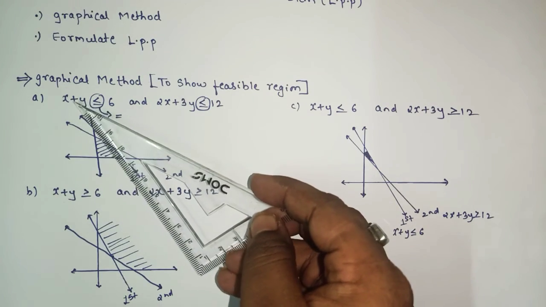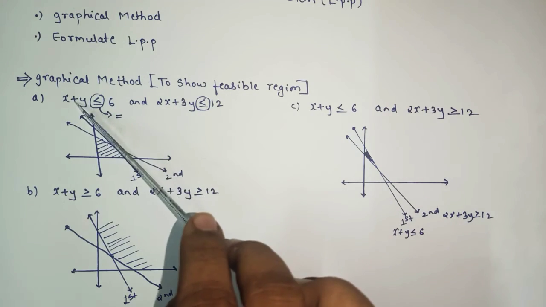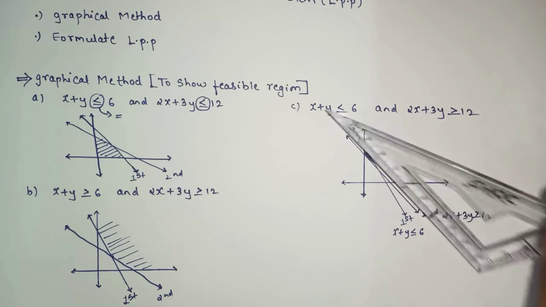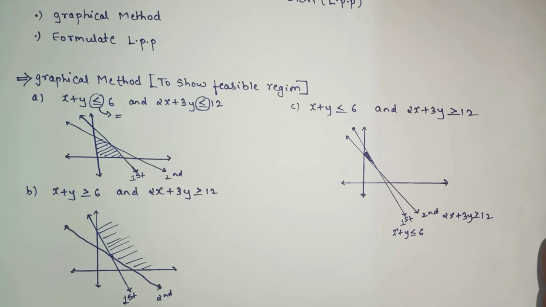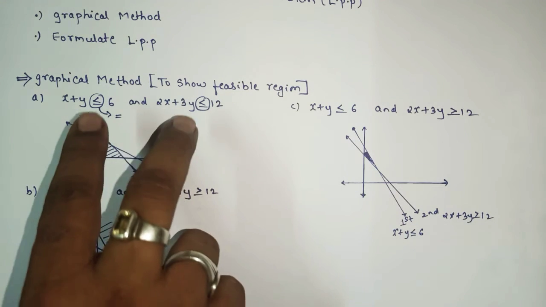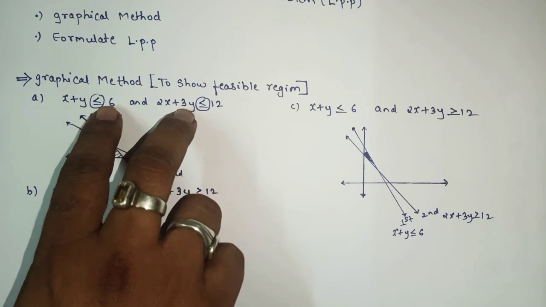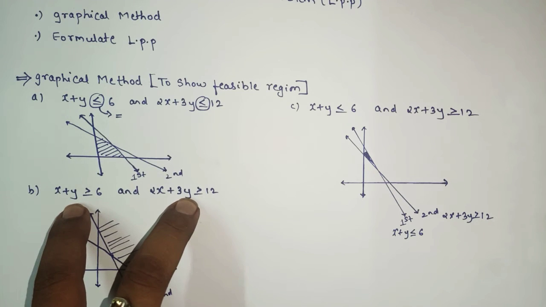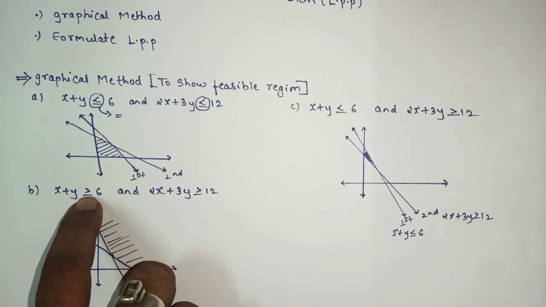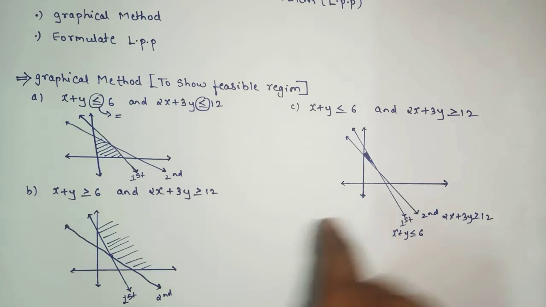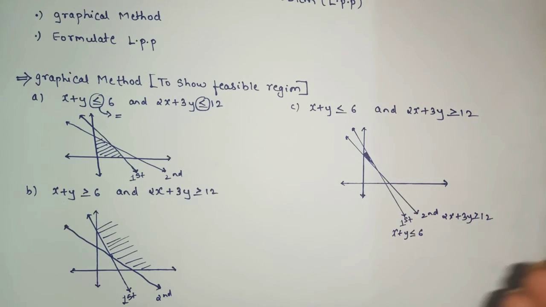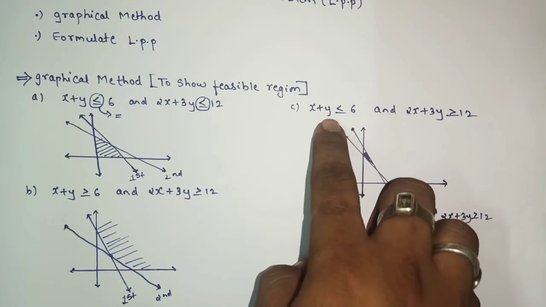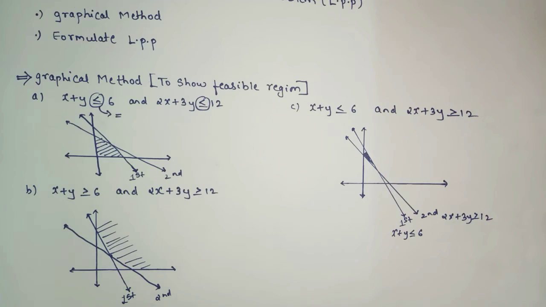With the help of the scale, you can see where the common region will come. Got the point? Okay, so here we can say there are three types of sums: where two or more equations contain less than or equal to, where two or more equations contain greater than or equal to, or where the equations contain both less than and greater than.